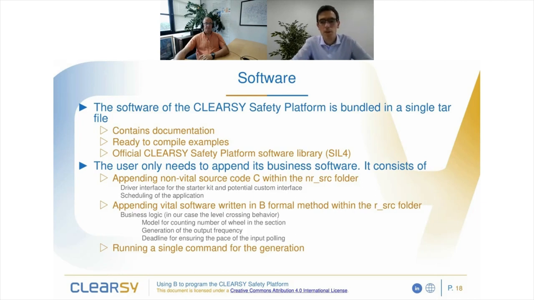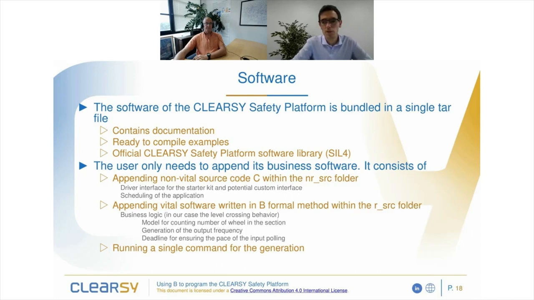In terms of design, what remains is to design the non-vital source code, which will be located in the nr_src folder, nr for non-replicated and src for source. Here you will find basically the driver interfaces for your custom interface and all the scheduling of the application.